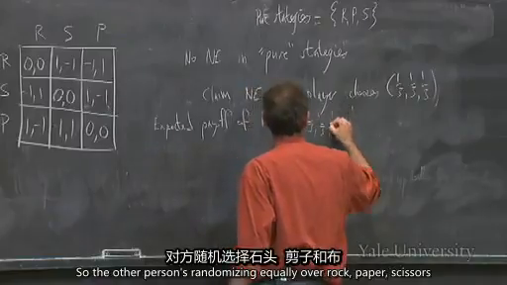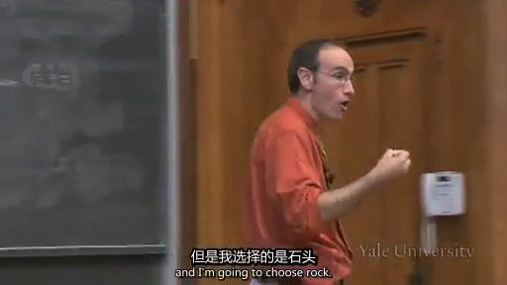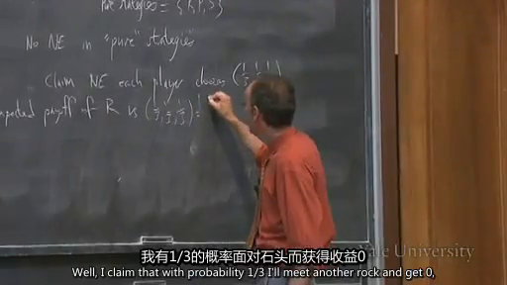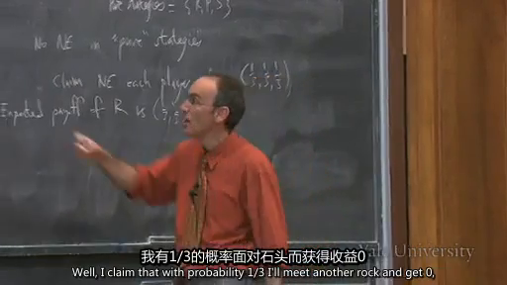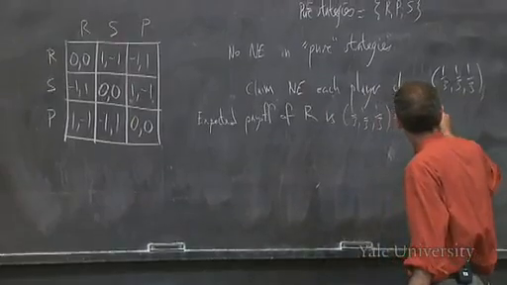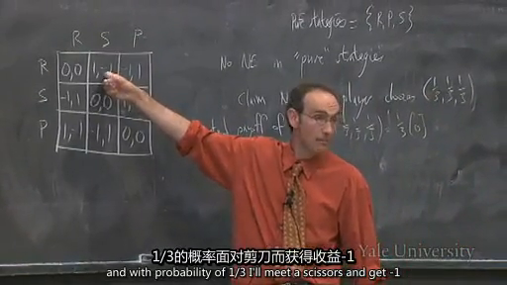The other person's randomizing equally over rock, paper, scissors, and I'm going to choose rock. What would be my expected payoff? With probability a third, I'll meet another rock and get 0. And with probability a third, I'll meet a scissors and get -1.